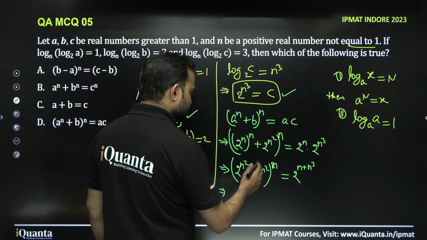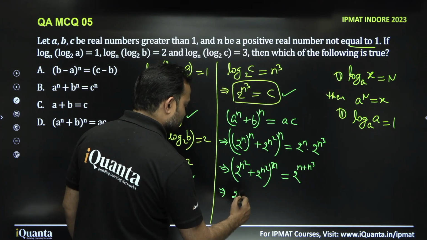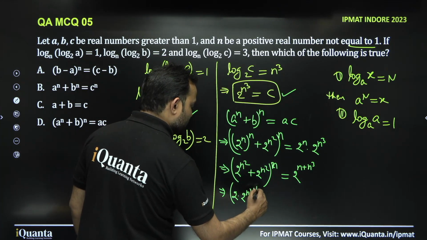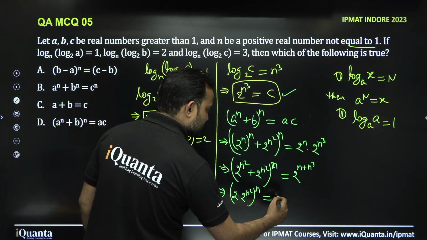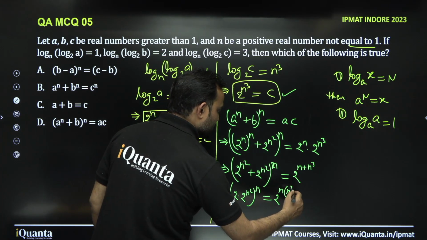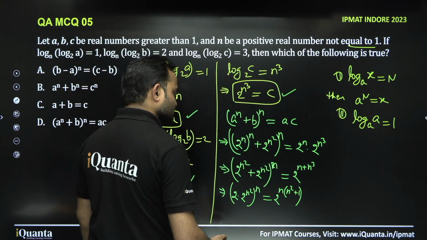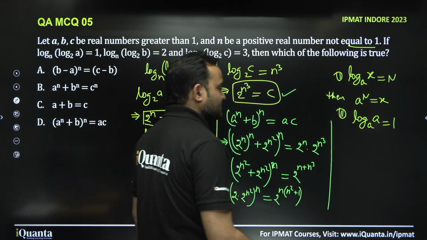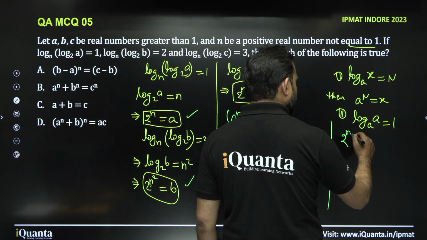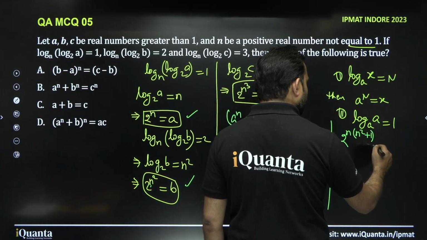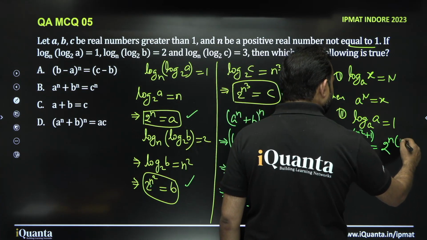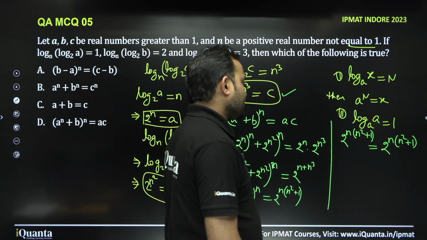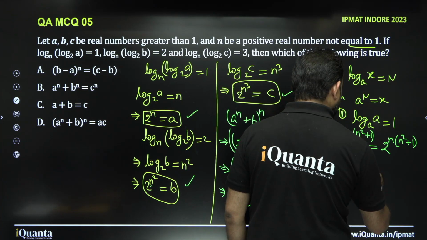Now, this value will become 2 to the power 2 into 2 to the power n square to the power n, and this will become 2 to the power n into n square plus 1. So if we go further, this will become 2 to the power n square plus n. So this will become 2 to the power n into n square plus 1. Right hand side we also get 2 to the power n into n square plus 1. So we get LHS is equal to RHS.